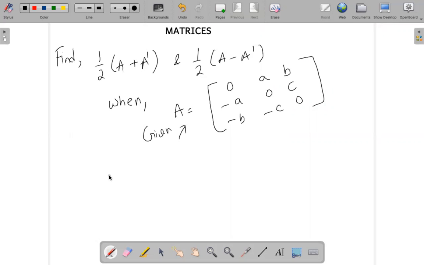So A prime, or A transpose, would be equal to 0, minus A, minus B, A.